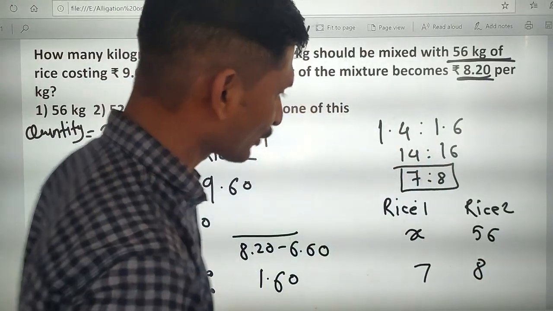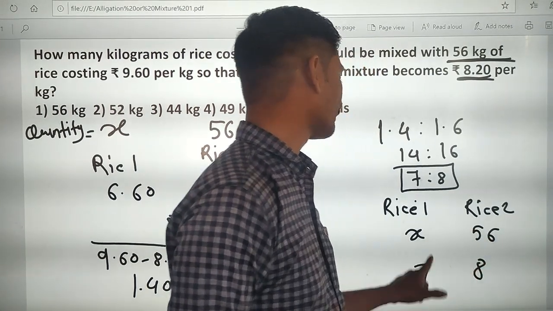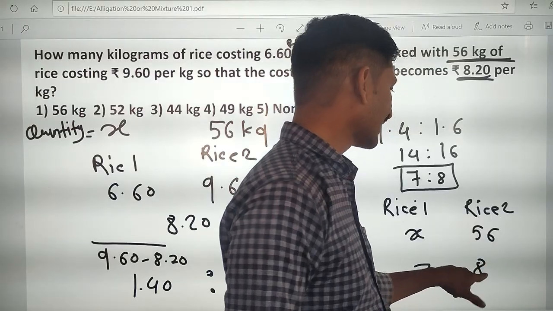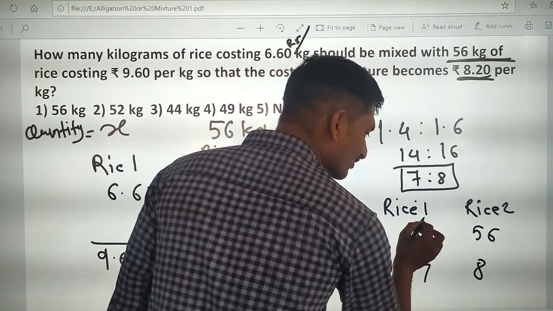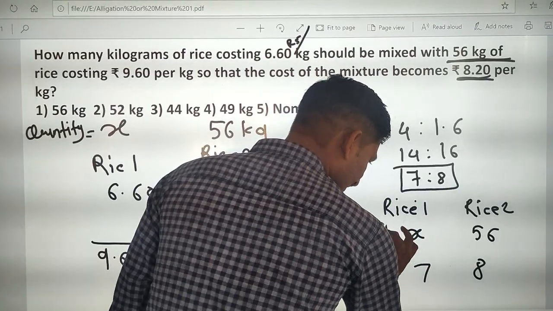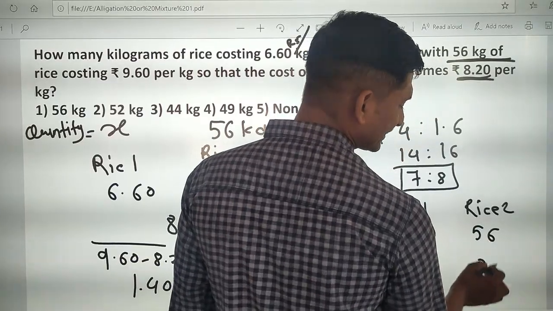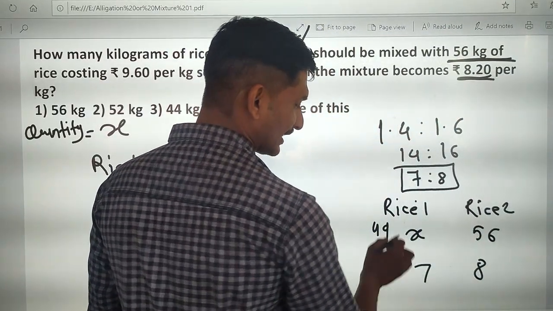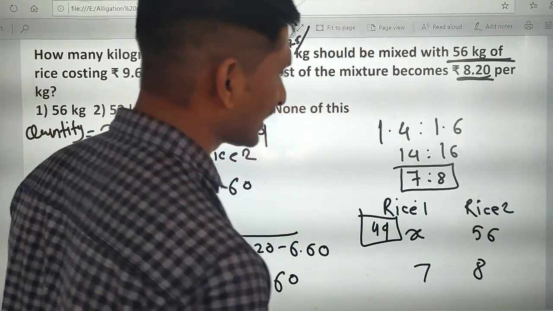If we take cross multiplication, then we find x. 8 sevens are 56, then 7 sevens are 49. Then rice 1 quantity is 49.